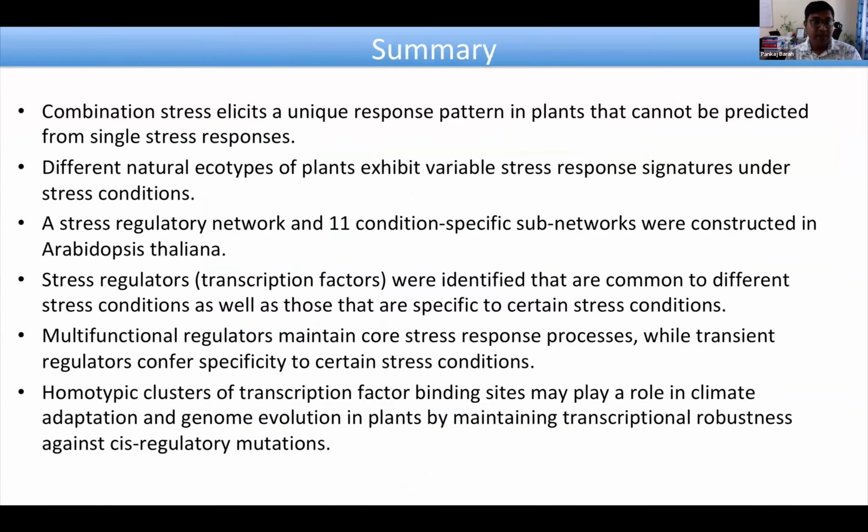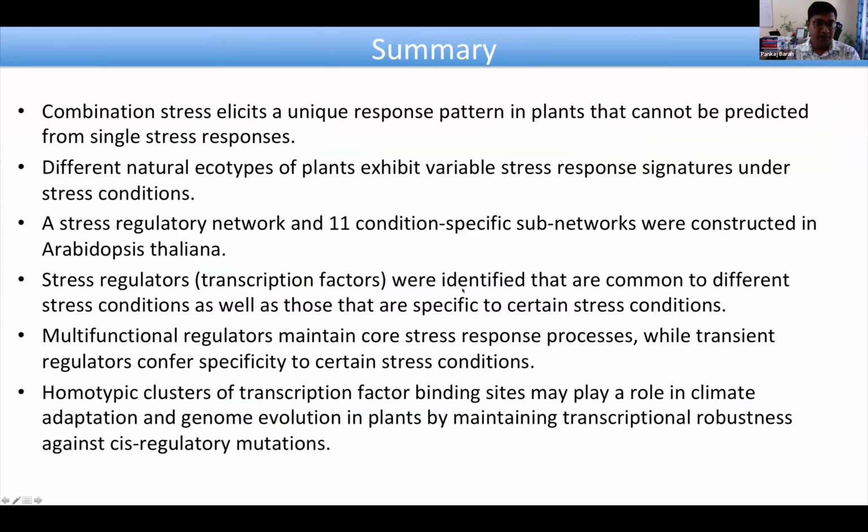To sum up, for the first time, we have shown that the plant's stress response to combined stress conditions could not be predicted just by looking at single stress conditions. We identified a couple of potential combined stress responsive genes, and generated a stress regulatory network in Arabidopsis thaliana using 11 different conditions and 10 different ecotypes.